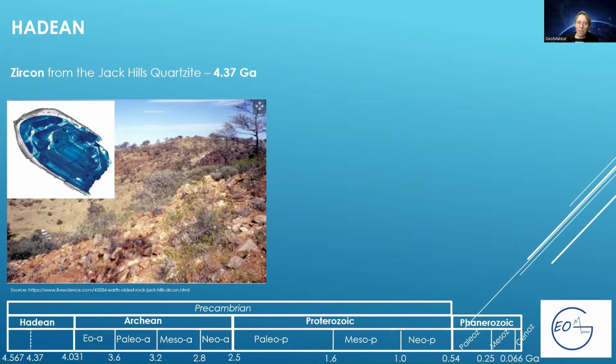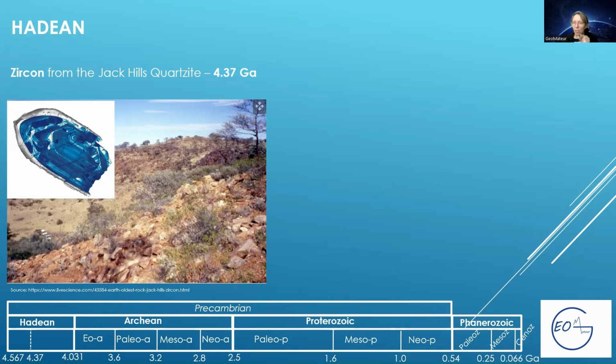What is also important in the study of rocks, I told you that no Hadean rocks survived, but there is the discovery of a zircon crystal in Jack Hills in Australia, and its age is dated at 4.37 billion years.